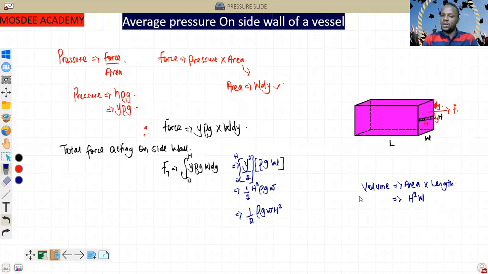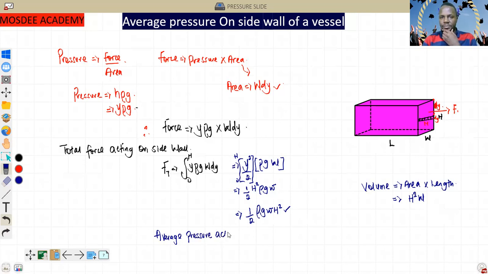So I can change this to volume. But similarly, this is the formula. If you are using this formula directly, you are going to get it. But you can also reduce the formula by saying average pressure. I think that will be better. Because we are looking for average pressure.